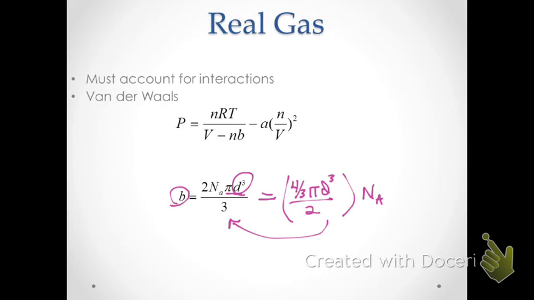What's notable here is that every different substance is going to have a different attractive parameter A and a different excluded volume parameter B. So now we have an equation that depends very much on the identity of the gas, and we'll need to look up those values of A and B in data tables in order to calculate any pressure associated with the van der Waals gas. So again, A and B are dependent on the identity, and you will need to look up the specific values in a data table corresponding to the gas for which you're trying to do calculations.